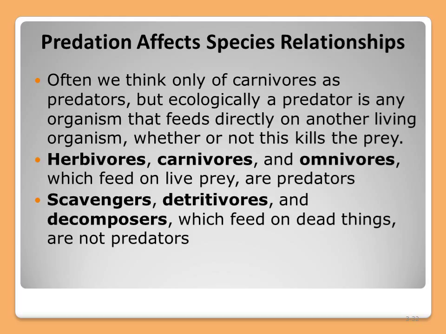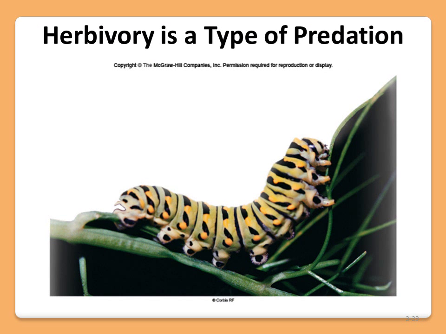Things like scavengers, detritivores, and decomposers, things which feed on dead things, are not considered predators. Here we just have herbivory as a type of predation. So here you have the milkweed caterpillar that's going to turn into the nice monarch butterfly, feeding on a plant, and the caterpillar is eating the plant, and that is a type of predation. The caterpillar is a predator to that plant.